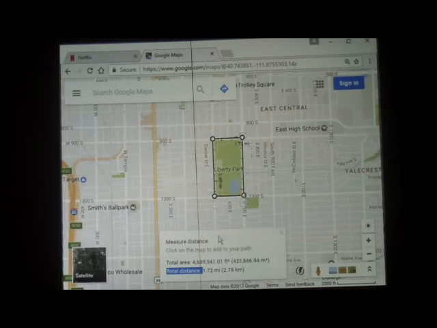Now, another cool thing it does is it gives you the area. The area is simply the space inside of all these line segments.